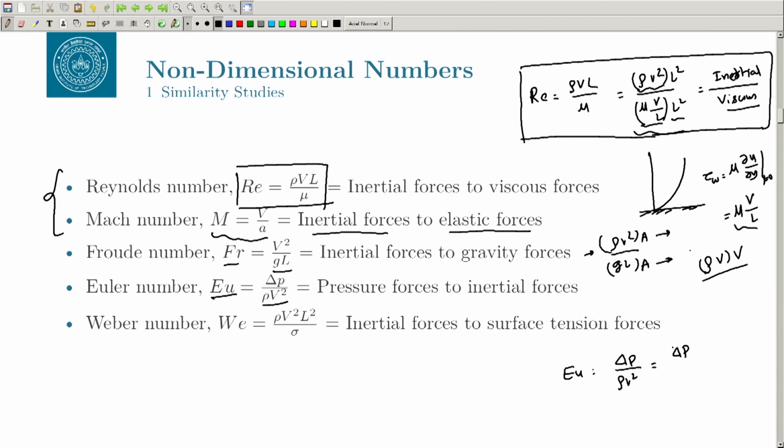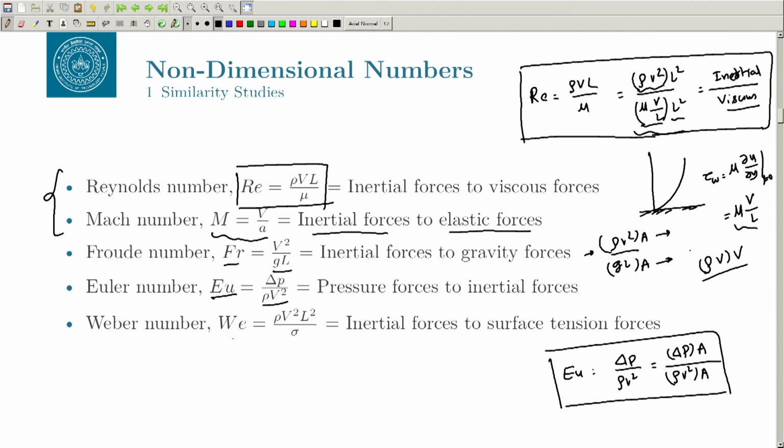Pressure into area gives you the pressure force, and rho V square into area gives you the inertial force, and you have to see how they balance out each other, right. So, if Euler number is higher, then pressure force is dominating and vice versa.